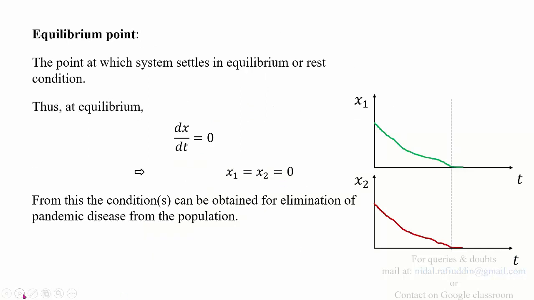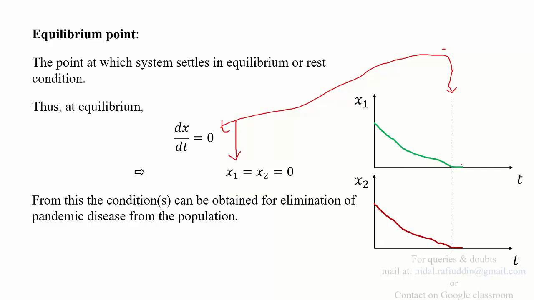So this is the point of equilibrium, the point where things are going to 0. The spread is dropped continuously, and you will reach a point of equilibrium where x1 and x2 become 0.